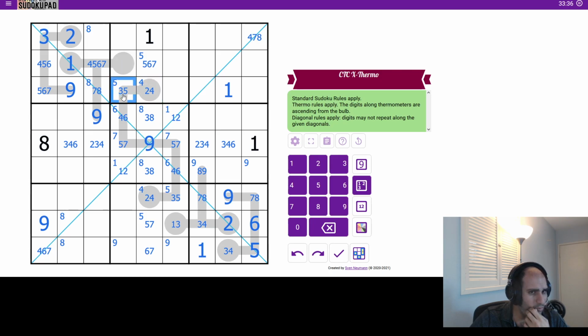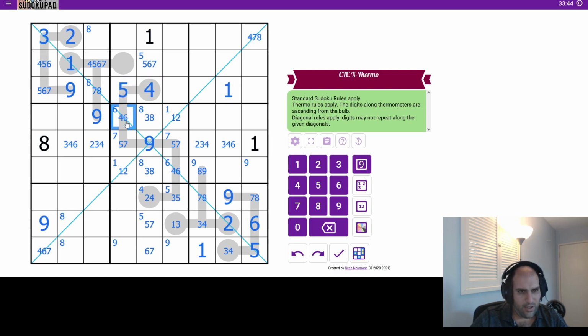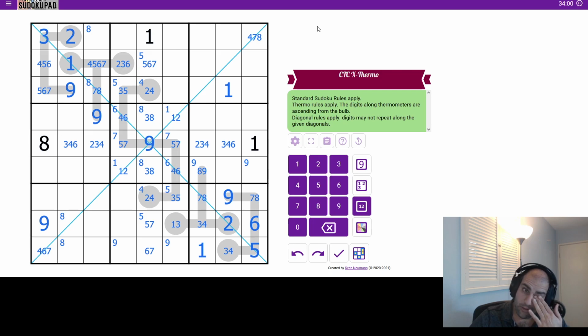No, because then I could go 4, 5. If this is 4, 5. This digit sees a 5 and a 4 regardless. But it's a 2, 3, or a 6.